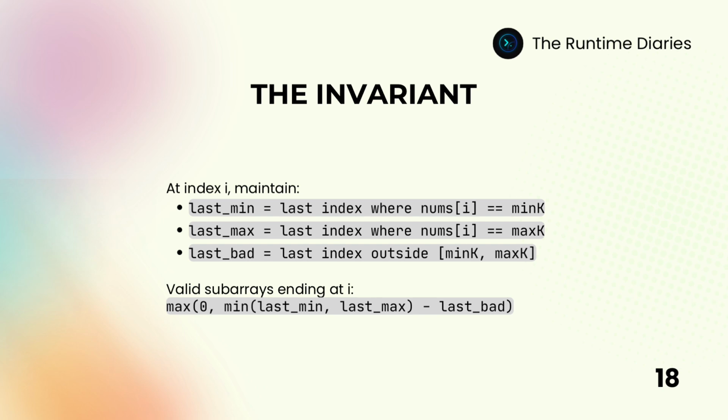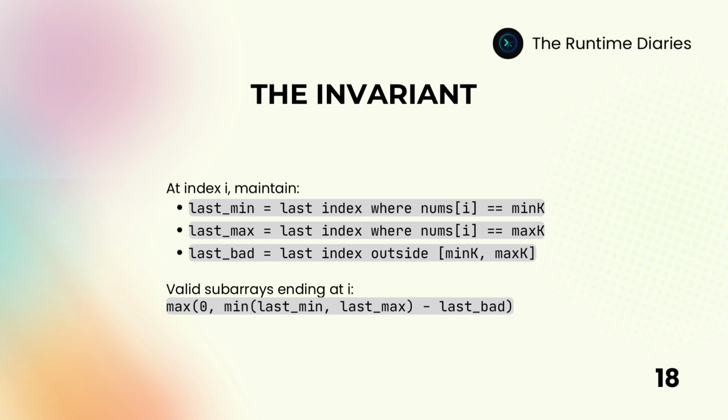An invariant is a property that stays consistent as we move through the array. At every index i, we maintain three values. last_min, which is the most recent index where we saw minK. last_max, which is the most recent index where we saw maxK. And last_bad, which is the most recent index where we saw a value outside of the range minK, maxK.